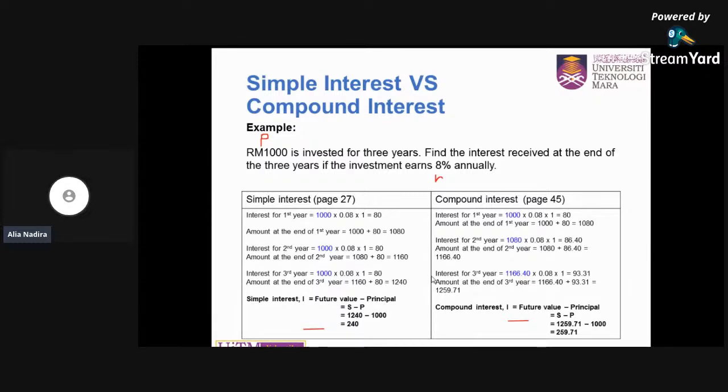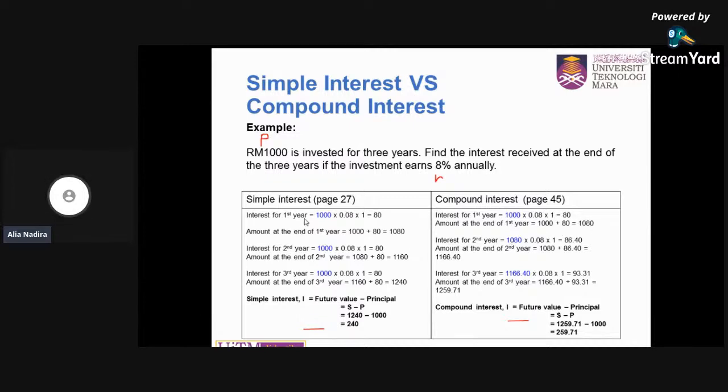Next, for compound interest. We calculate the interest for the first year: 1000 times R times T, we have 80 ringgit. So the amount at the end of the first year is 1000 plus the interest, which is 1080. Same goes for the second year, but the difference here is that when you calculate for the second year, we take the new amount and put it here.